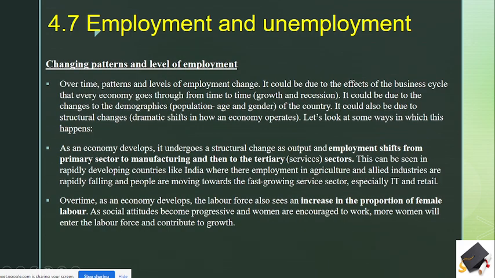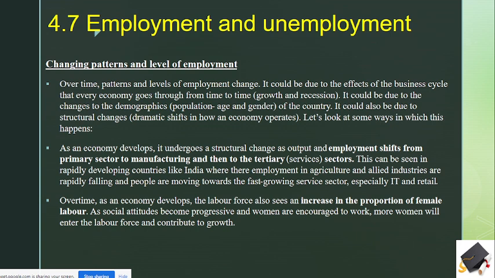Next, how the pattern and the level of employment have changed. There are two to three different things you just have to remember. Over time, the pattern and the level of employment have changed. It could be due to the effect of the business cycle that every economy goes through from time to time, growth and recession. Take the example of COVID: because of COVID, the employment level has changed.